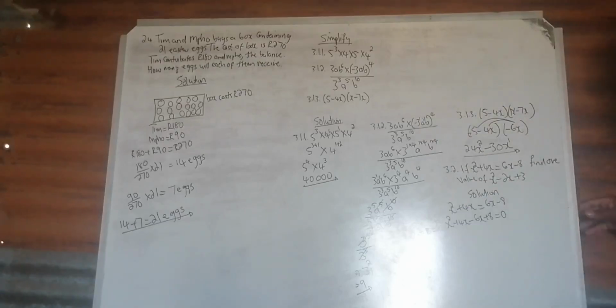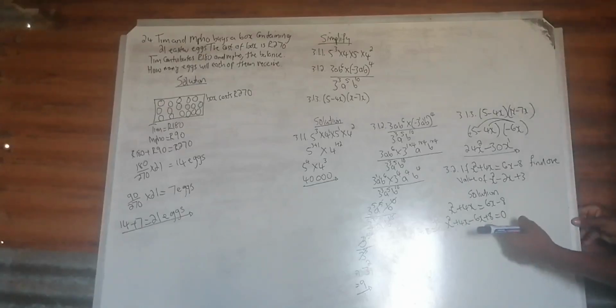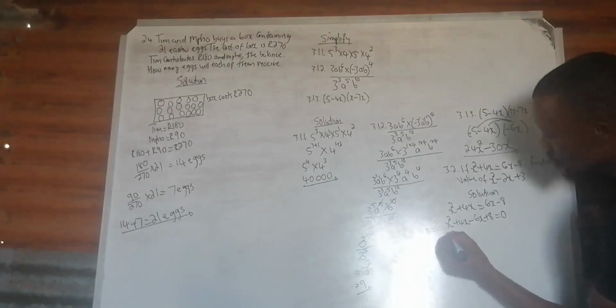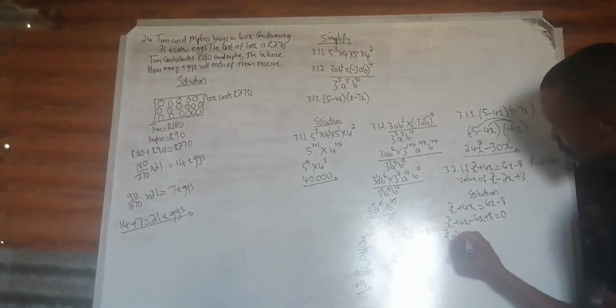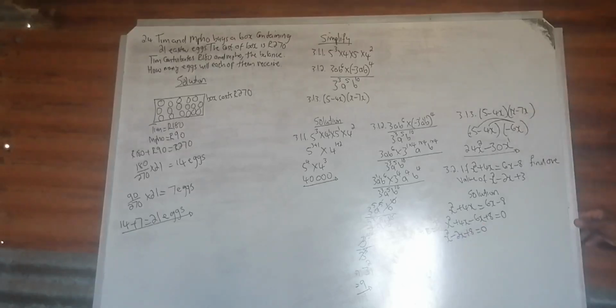There are like terms here: 4x minus 6x is minus 2x. So you'll have x squared minus 2x plus 8 equals 0. So this simplifies to x squared minus 2x plus 8 equals 0. They said find the value of this.